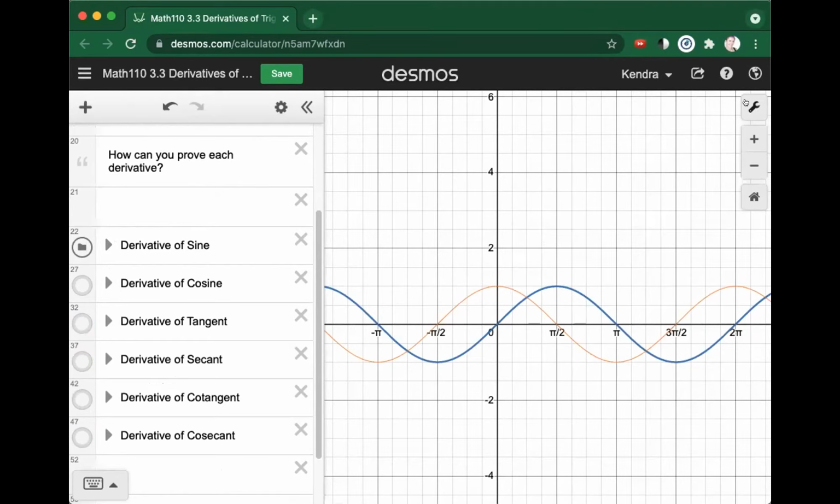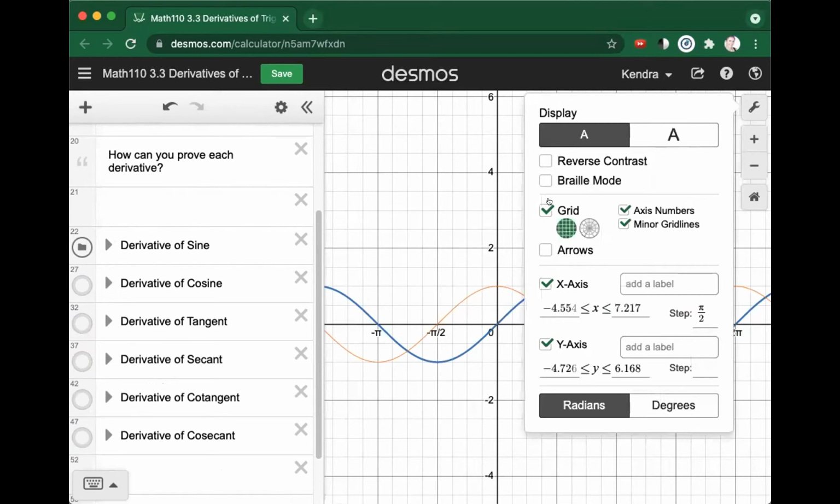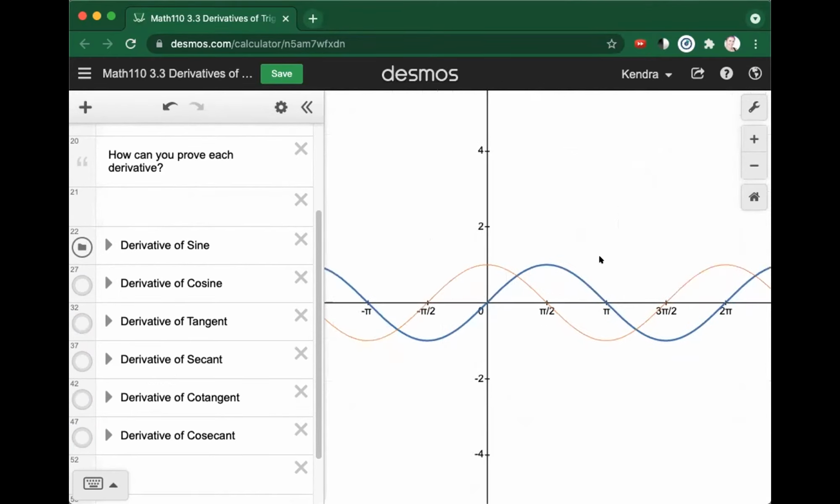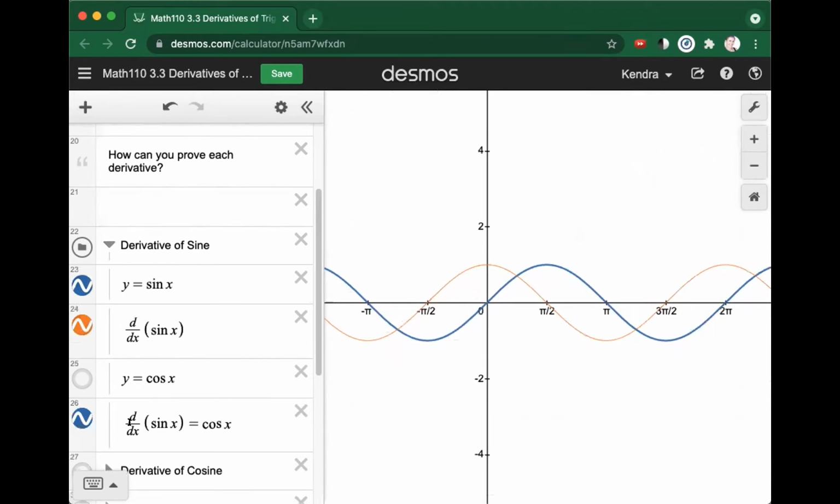And so let's actually look at this. I'm going to turn off the grid just to clean up the space of what we're looking at. Okay, so here's the sine graph, and then the derivative is cosine here. Okay, and we get the confirmation that the derivative of sine x is cosine x.